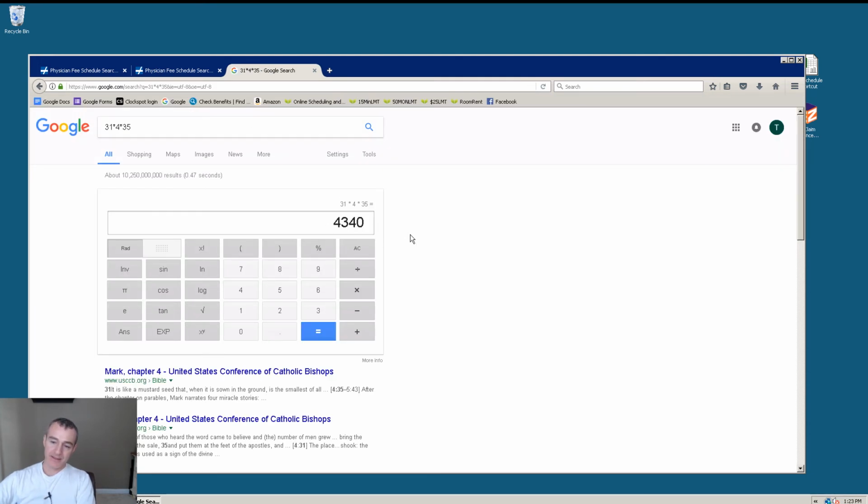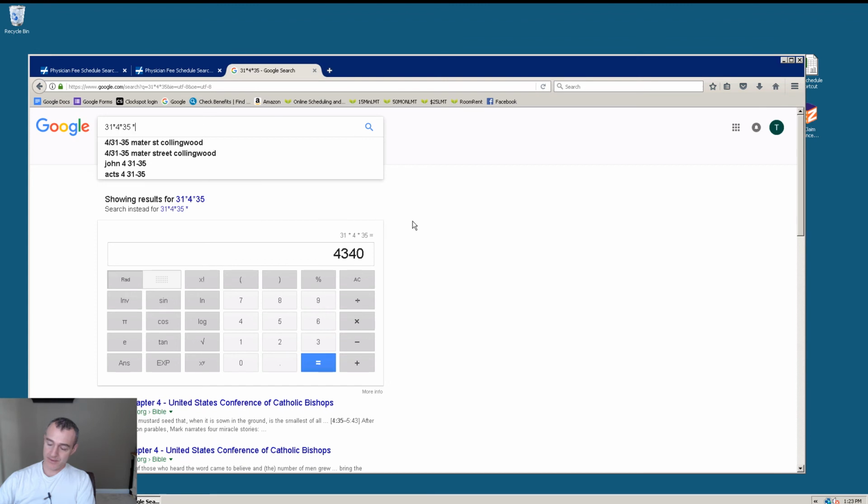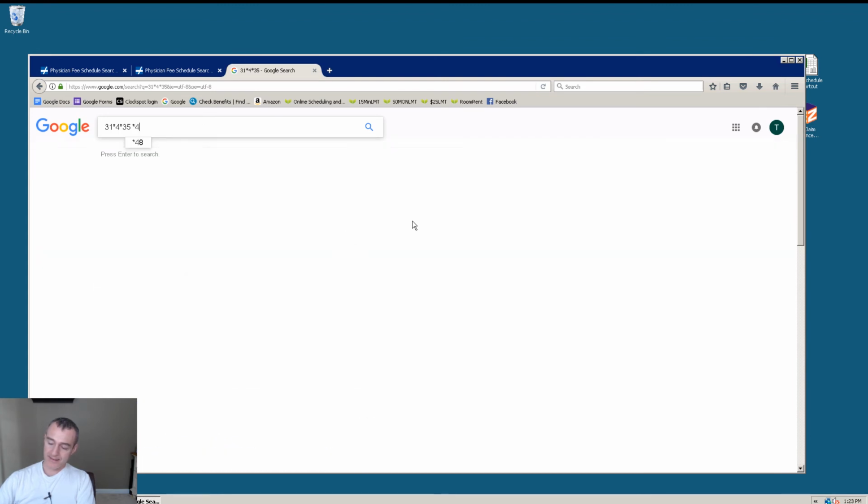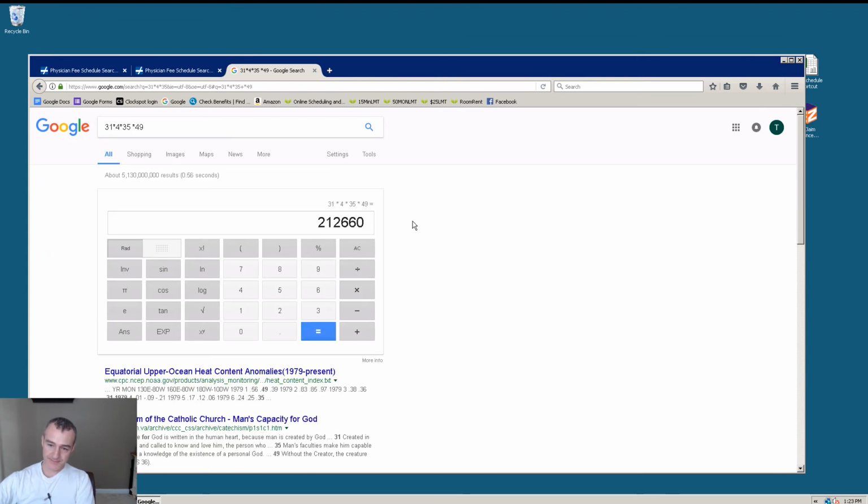Your production value could be as high as $4,340 times 49 weeks a year. That puts you at about a max production, 100% efficiency, at a little over $200,000.